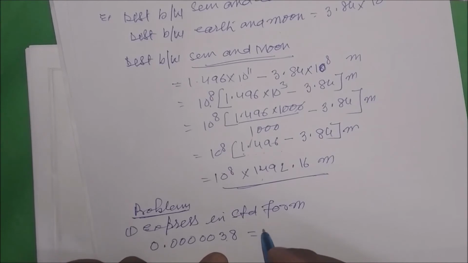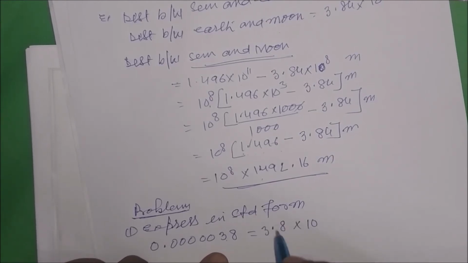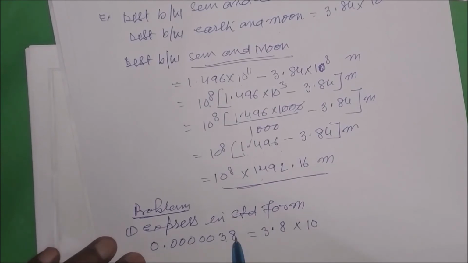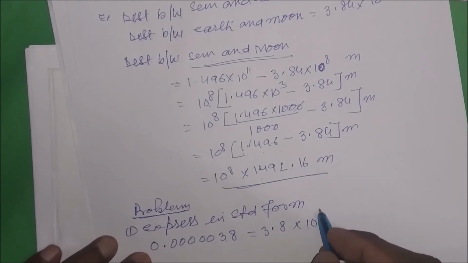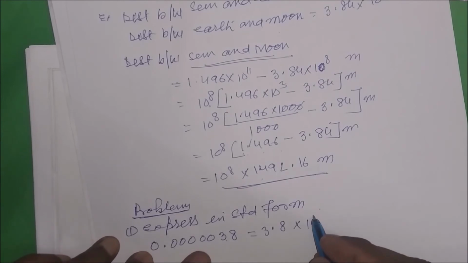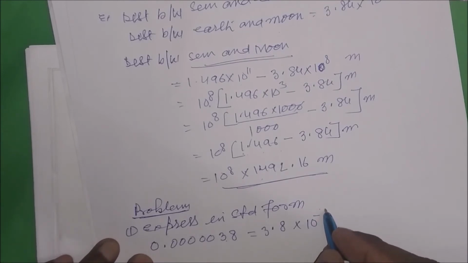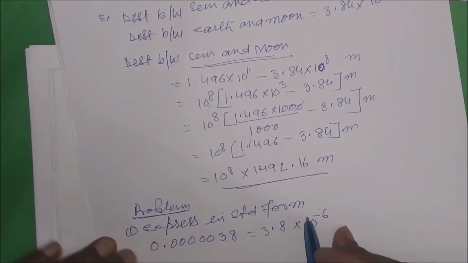So it will be 3.8 into, now this is going on the right hand side, here to here, how many digits? 1, 2, 3, 4, 5, 6. So it will be 10 to the power minus 6, because it is going right hand side.